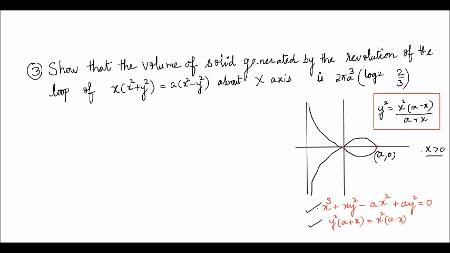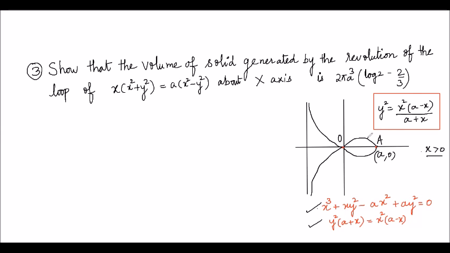We get two values of x: x = 0, which is the origin, and x = a. So the curve cuts the x-axis at two points: the origin and the point (a, 0).